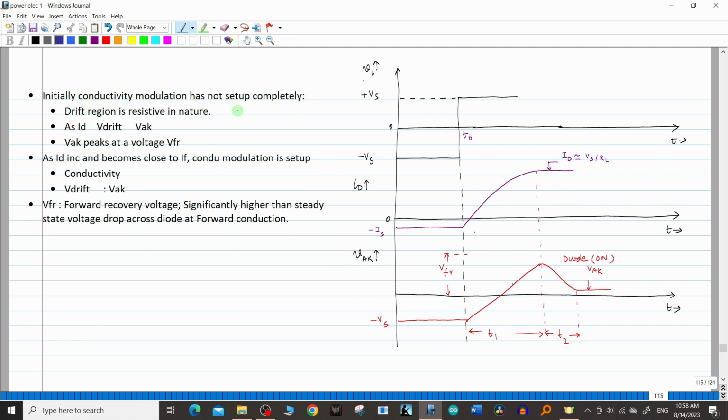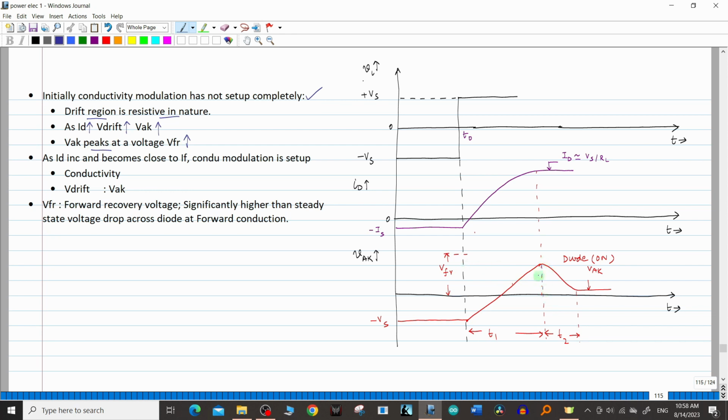Initially, conductivity modulation has not set up completely, so the drift region is resistive in nature. As ID increases, V drift increases, so VAK increases, and VAK peaks at a voltage VFR. This is the peak voltage VFR.